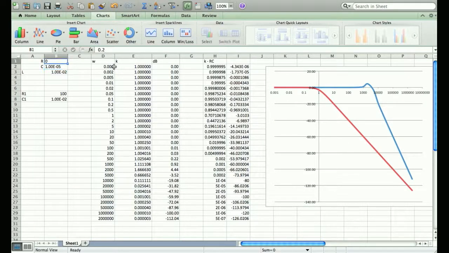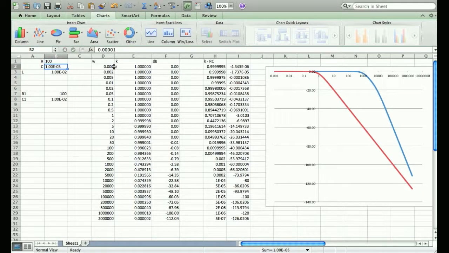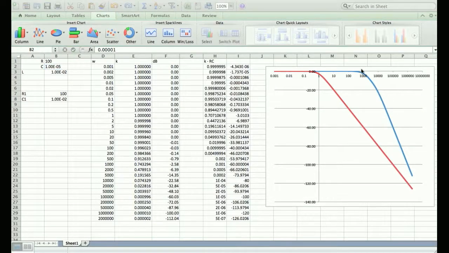So I'm just going to try to summarize everything I said in like 30 seconds now. When you have the RC circuit, it's only defined by one active element, the capacitor. So you have a fall off at 20 decibels per decade for that type of filter.